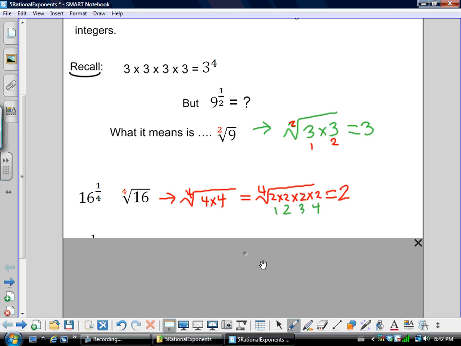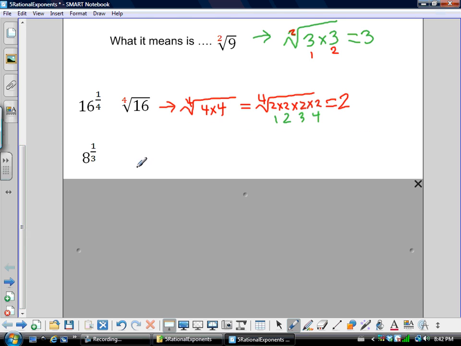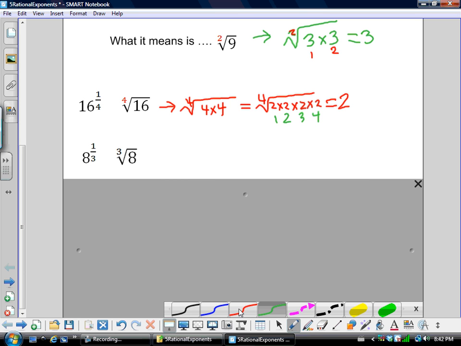Okay, now let's take a look at 8 to the 1/3. When I look at 8 to the 1/3, again, if I rewrite it with a root sign, it's going to be the third root of 8. And just like the other questions, I can take them and we can rewrite 8 as a product of numbers.